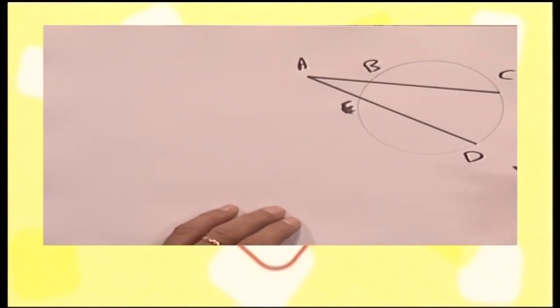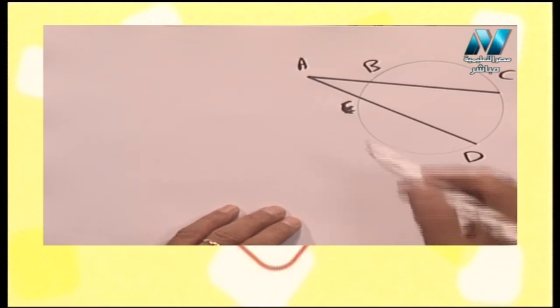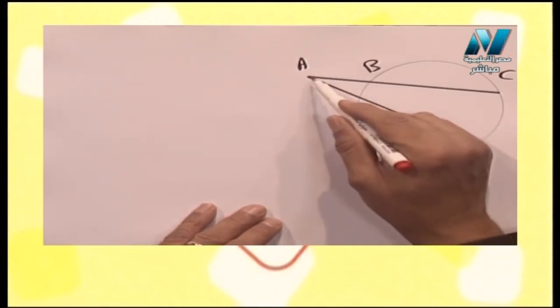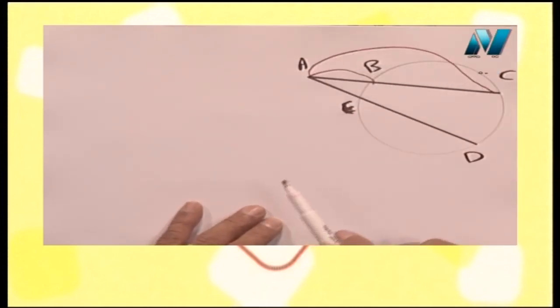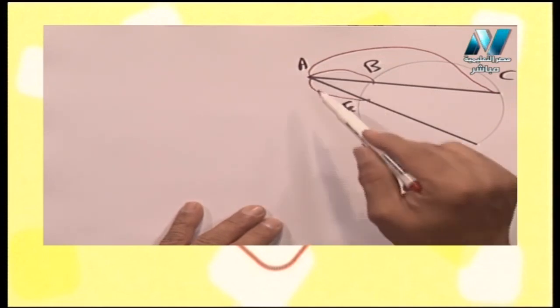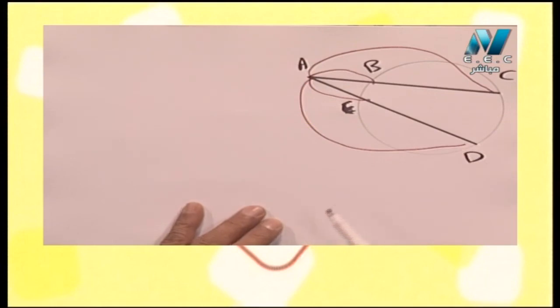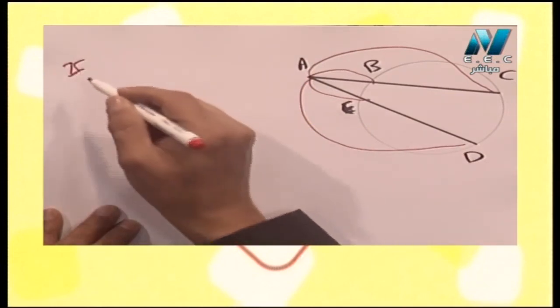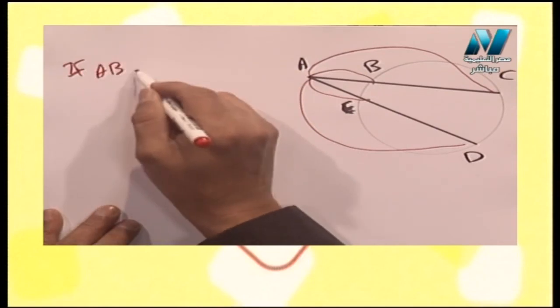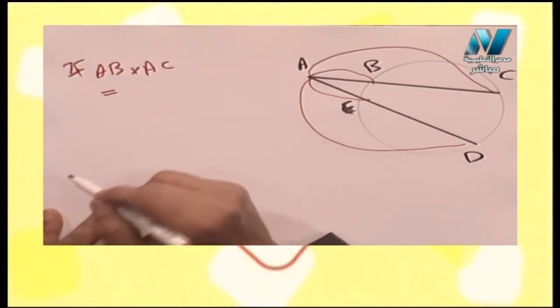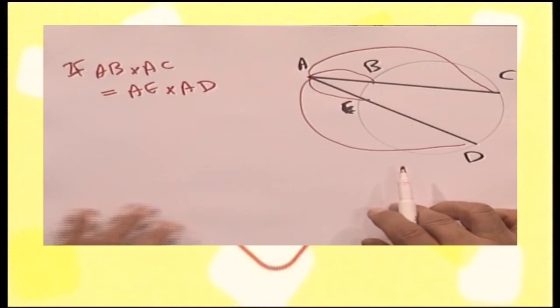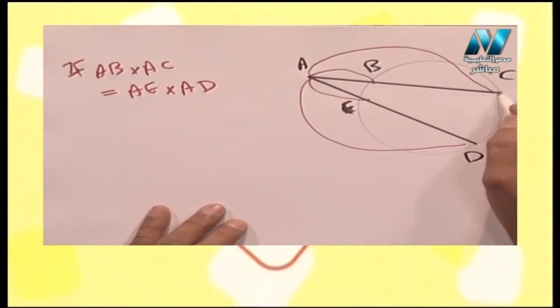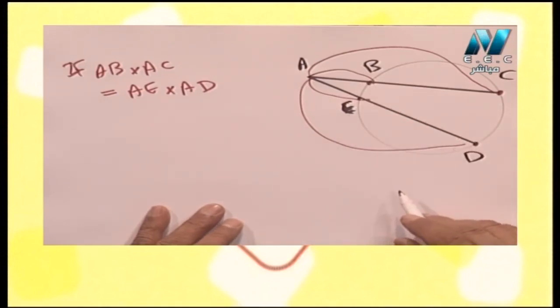We will suppose a circle, but if we have proved that AB multiplied by AC equals AE multiplied by AD, that means AB times AC equals AE times AD, then we will easily prove that the points C, B, E, and D are on the same circle.